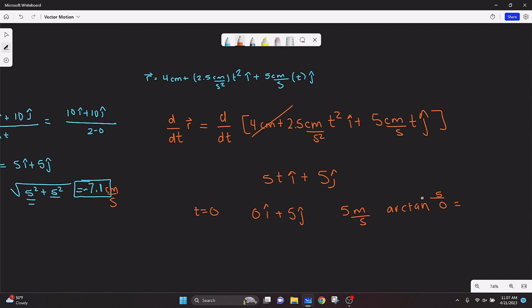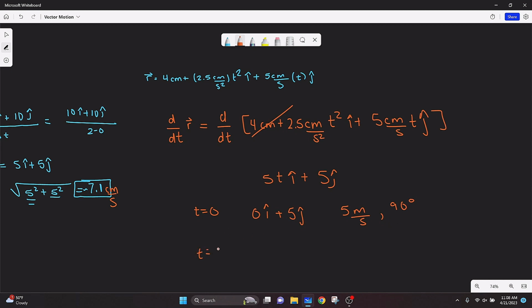So it's perpendicular, right, if I think about this correctly. So it should be 90 degrees, the angle. I'm not sure exactly how you calculate it, but the angle is 90 degrees. 5 meters per second, 90 degree angle.